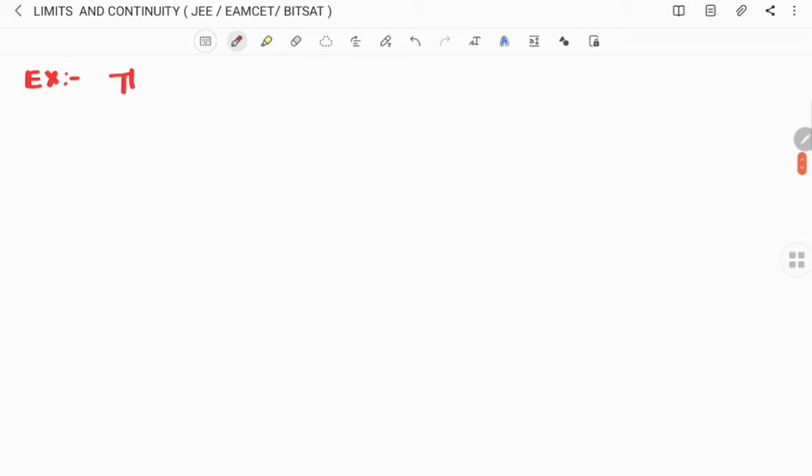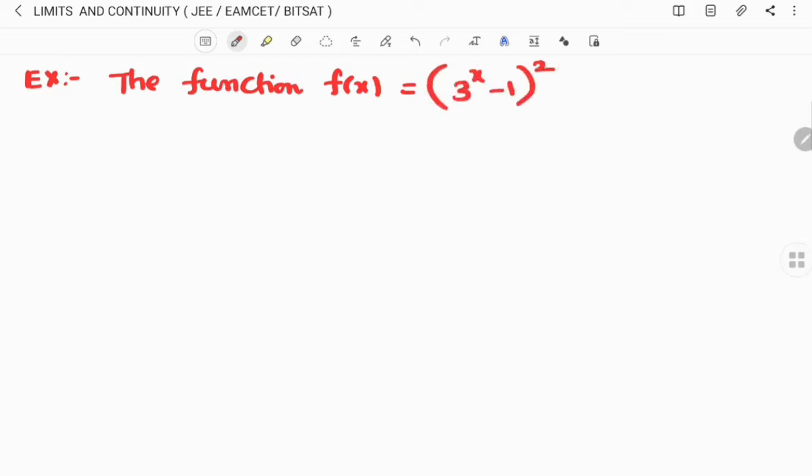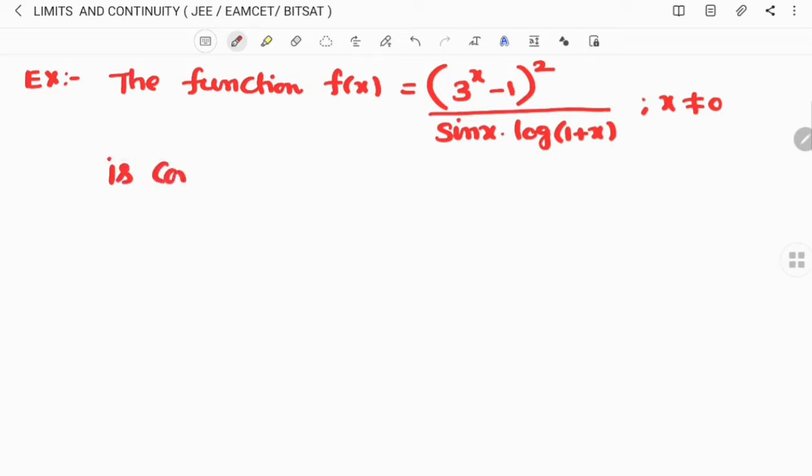The function f of x equal to (3 power x minus 1) whole square divided by sin x into log of 1 plus x, when x is not equal to 0, is continuous at x equal to 0.